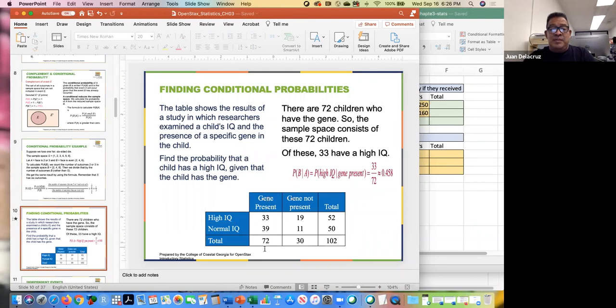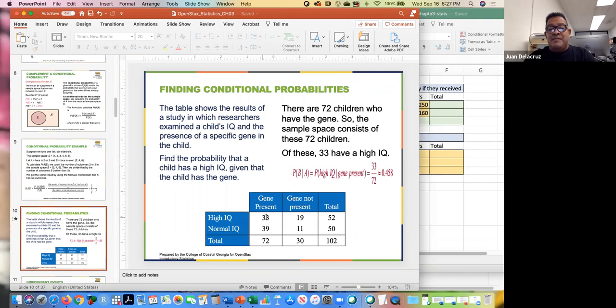So among all the people who have the gene, that's what happened, that this is A. So we are looking for those who have a high IQ. So if the question is, the child has a gene, given that the child has a high IQ, so that is going to be reversed. So it's going to be the probability of A given B. So that is going to be the opposite.